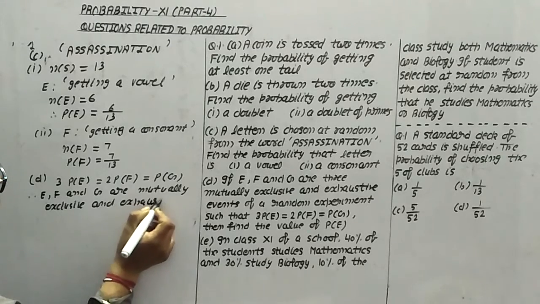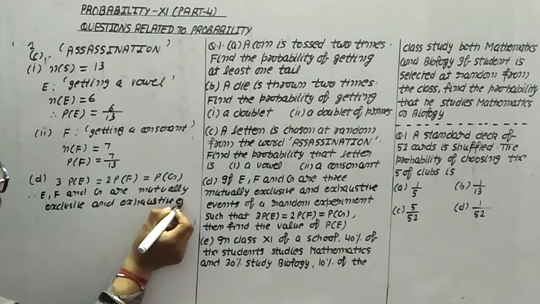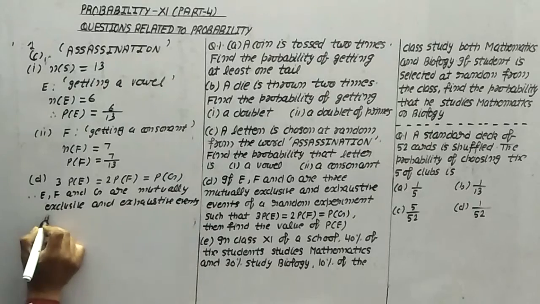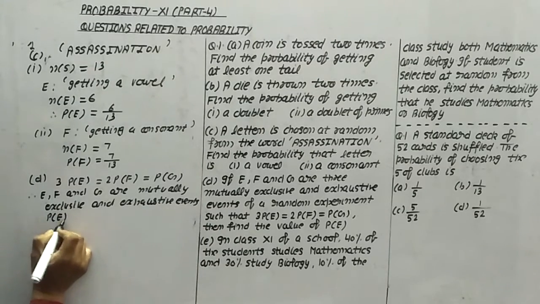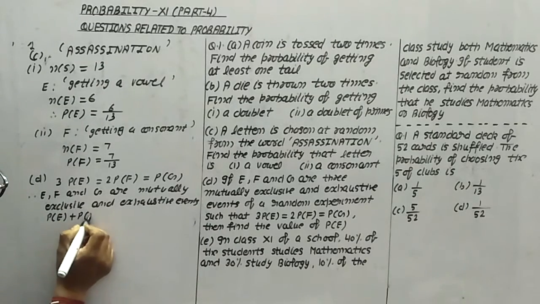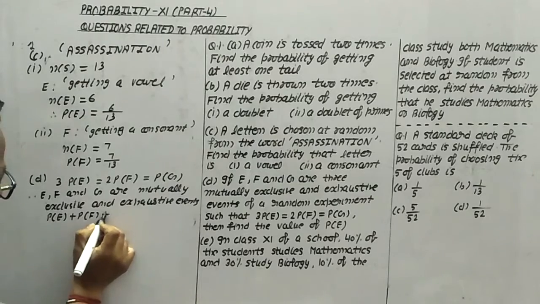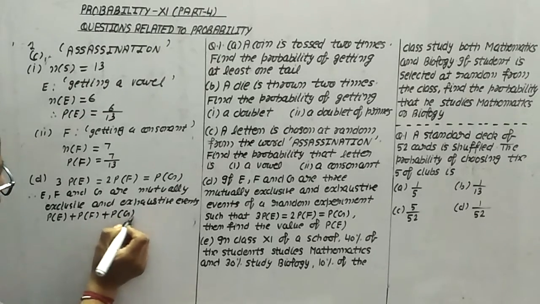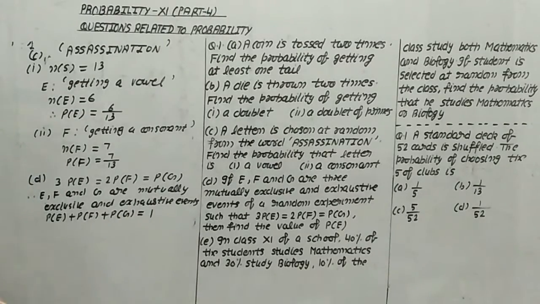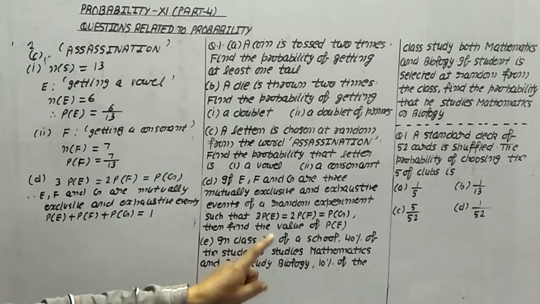Therefore, we have in this case the probability of event E plus the probability of event F plus the probability of event G is equal to 1, because this is the rule. In this case the sum of all the probabilities must be equal to 1.